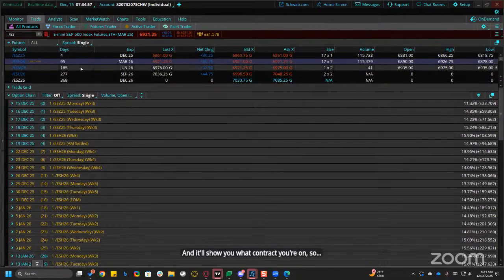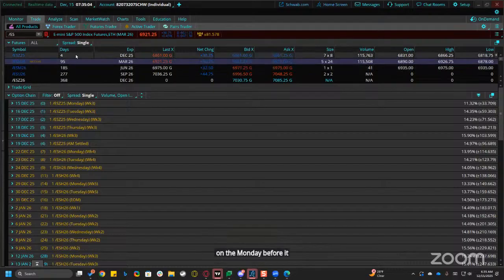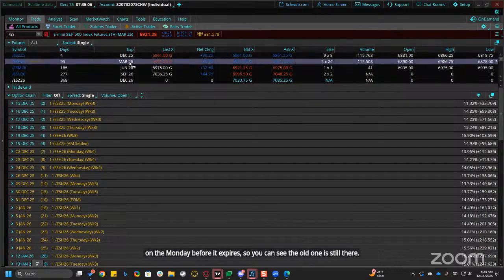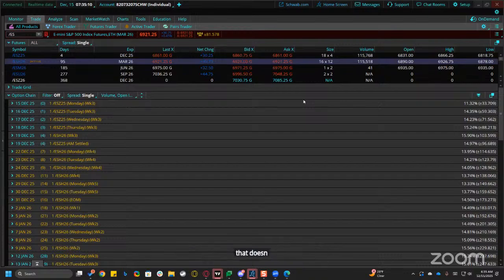So Thinkorswim does it on the Monday before it expires. So you can see the old one is still there. If you want to manually do it, if you're on a broker that doesn't roll automatically, one of the going tips or tricks that people use is looking at the volume on the front option, the one that's going to expire in 4 days, and comparing that to the option on the next series out.